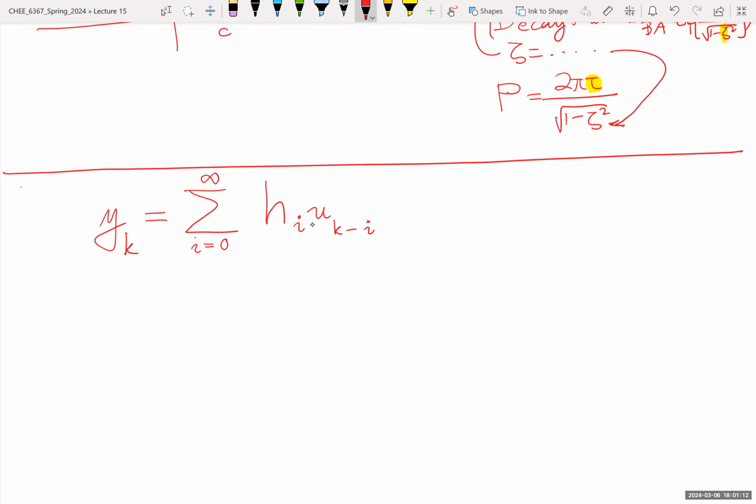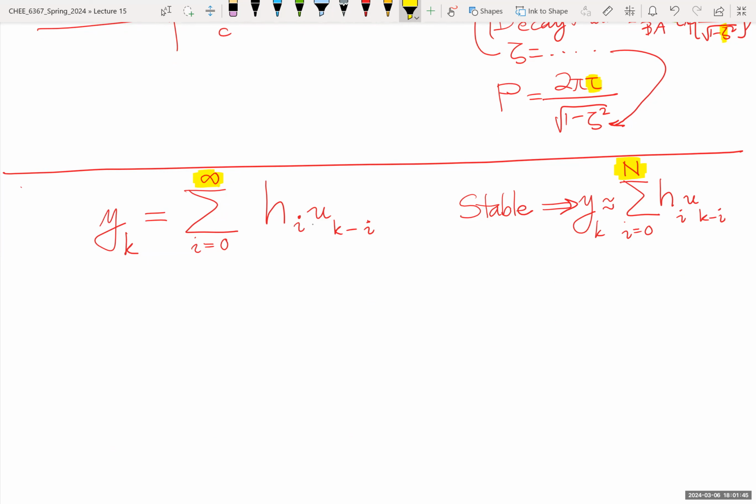And for stable systems, we get that Yk is very well approximated by a sum from 0 to n, a finite number. So this is now finite rather than infinite.